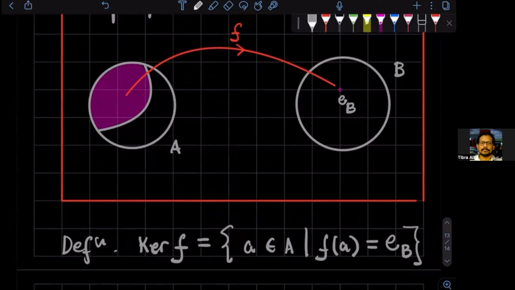So these are straightforward exercises, but very, very instructive.